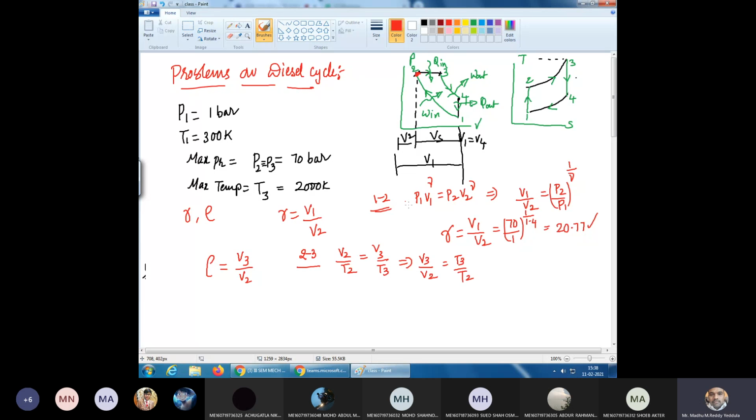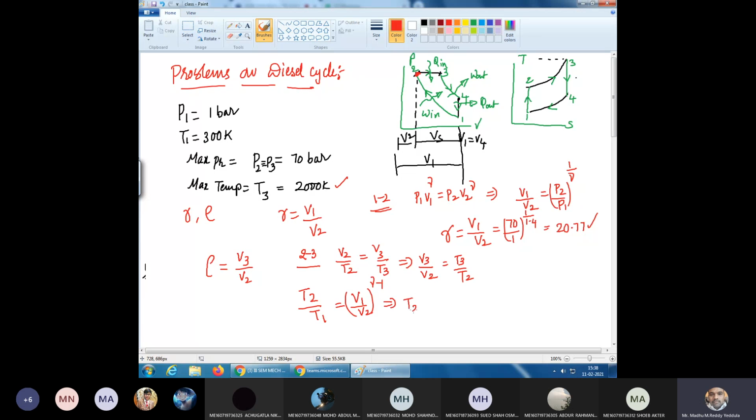So among these, maximum temperature T3 is known, T2 I want to calculate. As we already derived this equation, T2 by T1 is equal to V1 by V2 whole power gamma minus 1. By using two equations, one is the adiabatic equation, second one is the equation of state, we eliminated pressure in terms of volume.